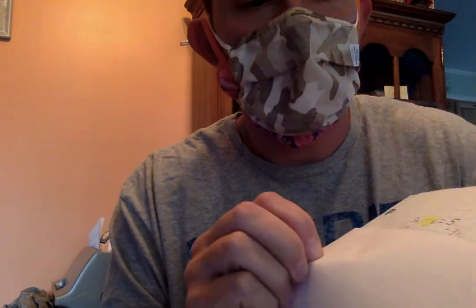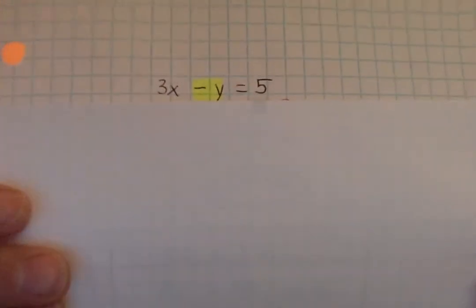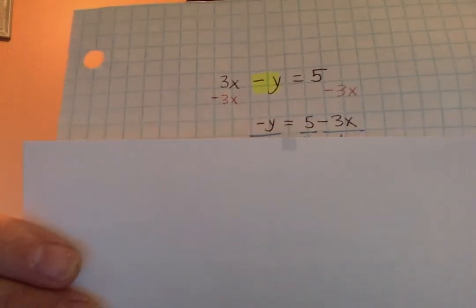My last example, it's the one that sometimes gets people, they kind of forget a sign. We all know we do that, I do too. So in this example, first step, minus 3x, good job, I knew you'd say it out loud, good job. And then we're at this stage.